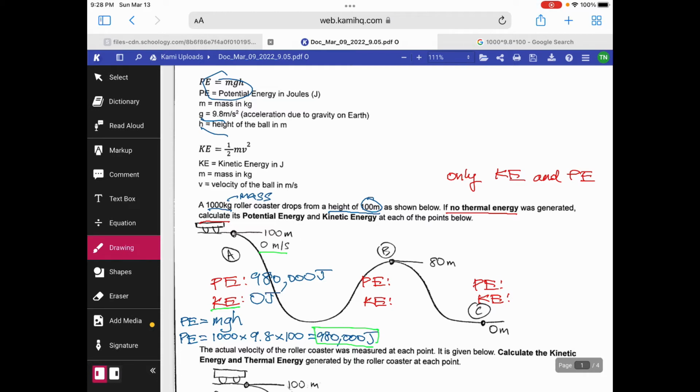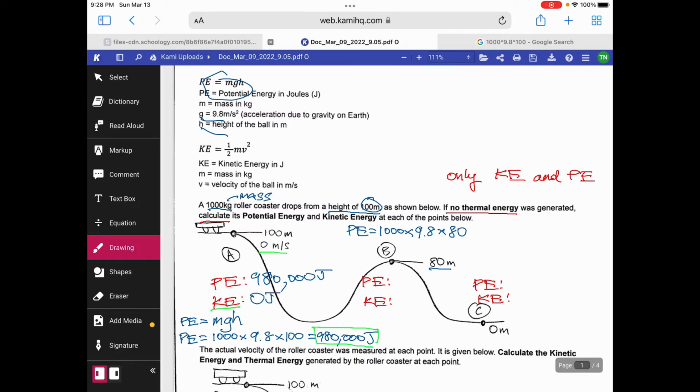Okay, so let's find the cart's potential energy at point B. So at point B, its potential energy equals mass, which is still 1,000, times g, which is always 9.8, times its height, which is 80 meters here.